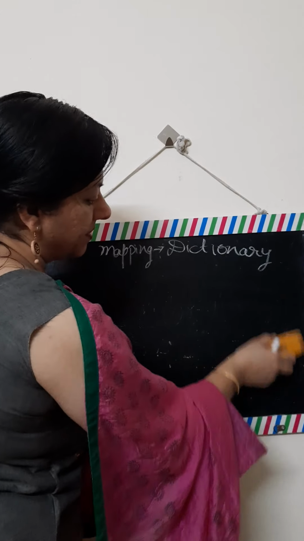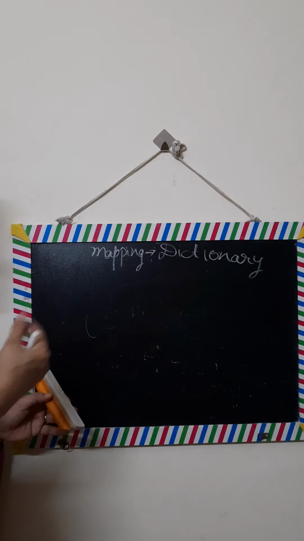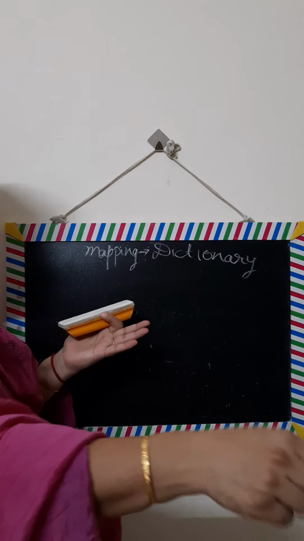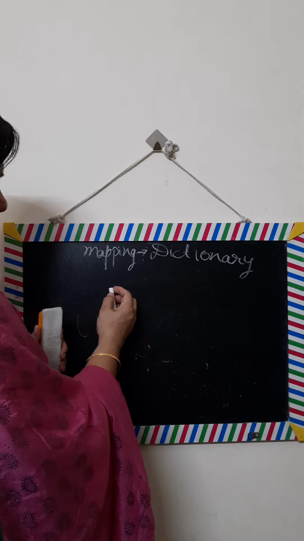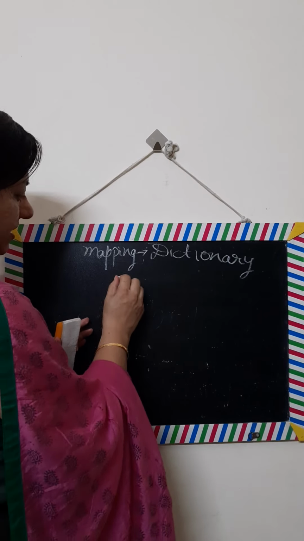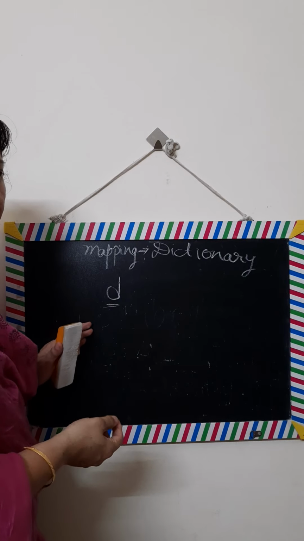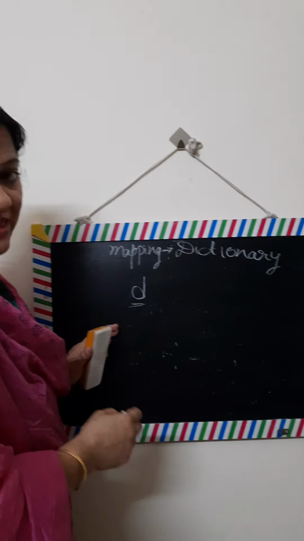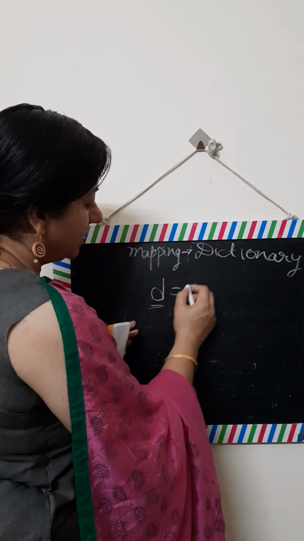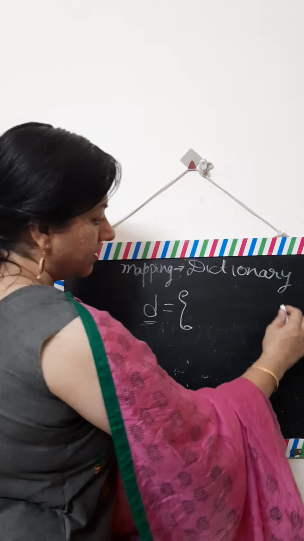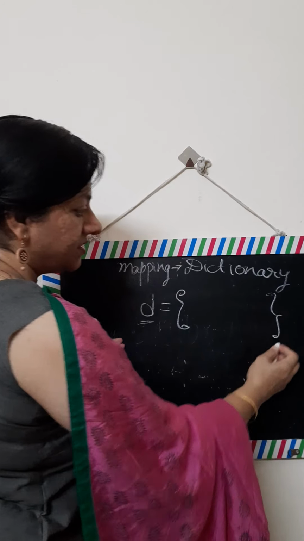When we are saying mapping, it's easy to understand: you know that this dot has to go there. Now how is a dictionary done? Let me give a name called D. D is my identifier or variable name which is representing the dictionary. D equals, I always have to open flower braces and close flower braces.